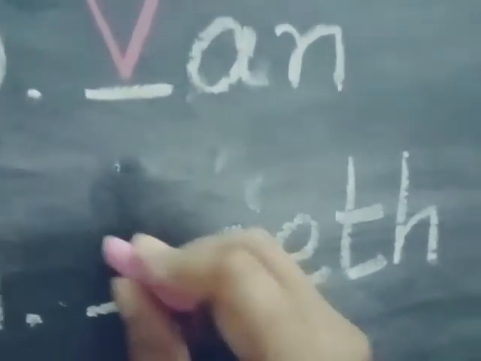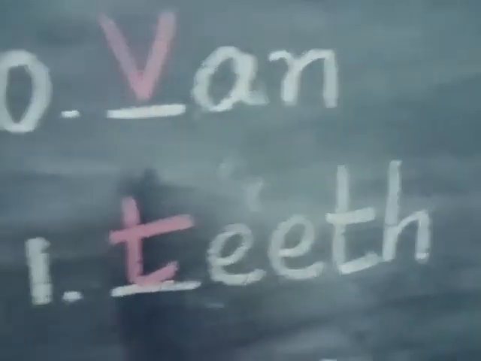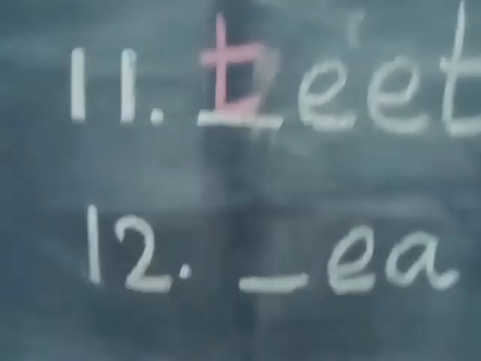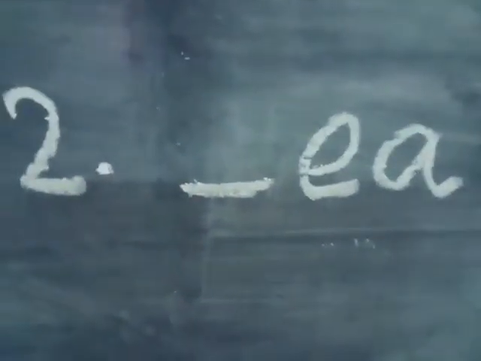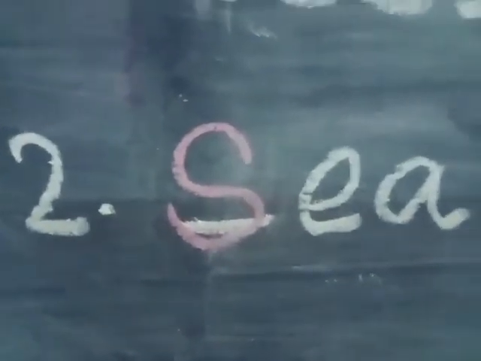So can you write? Yes, it's teeth. Okay. Next, sea. Next is sea. Sea means kadal. Sea. S-E-A.